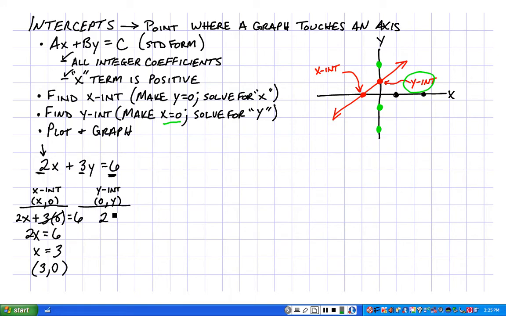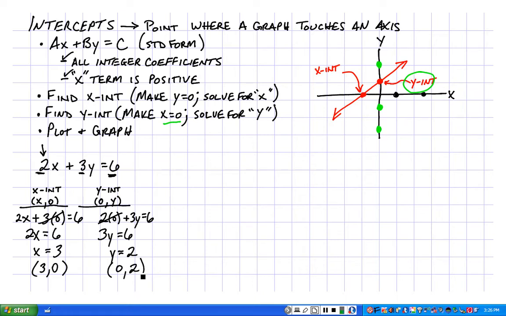Where the 2x was, I now write 0 plus 3y equals 6. 2 times 0 is 0, so that disappears, and you're left with y equals 2, because you divide by 3, and 6 divided by 3 is 2. So you end up with a y-intercept of 0, 2.